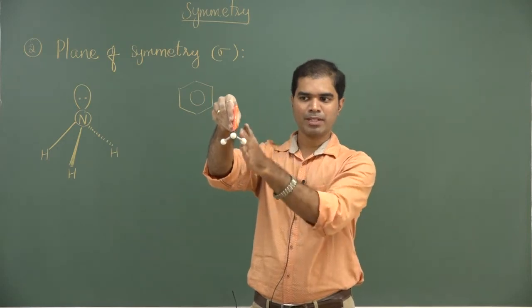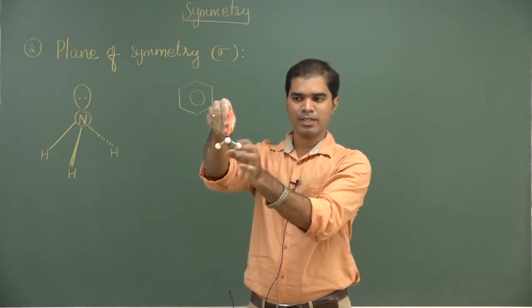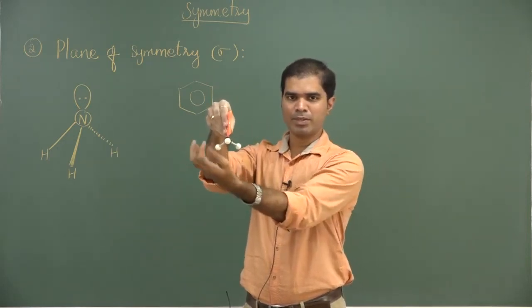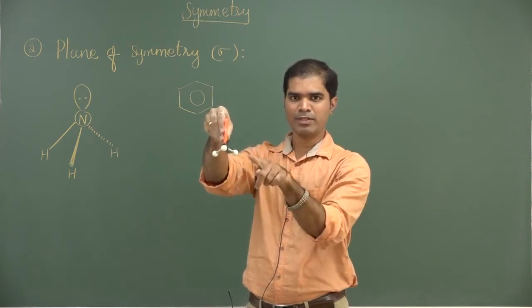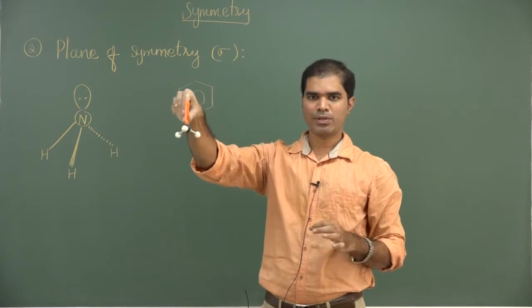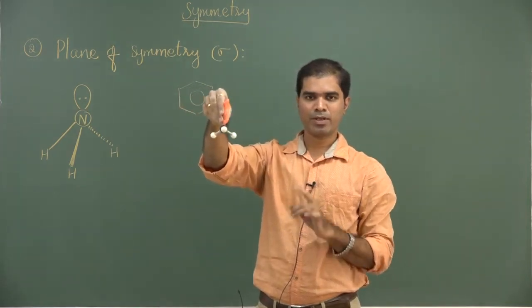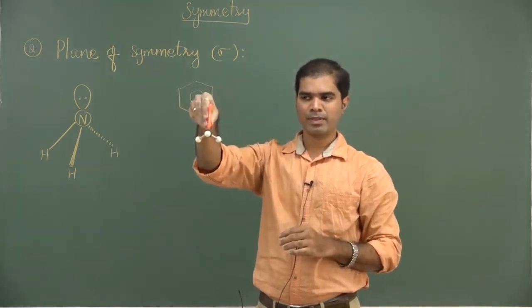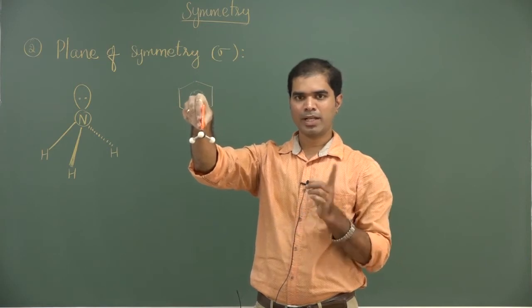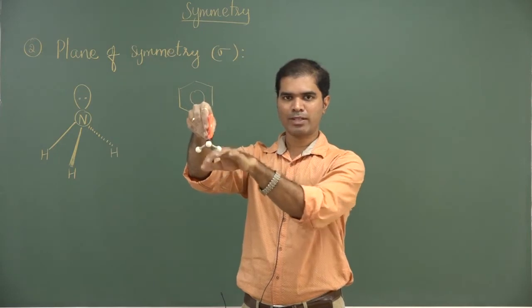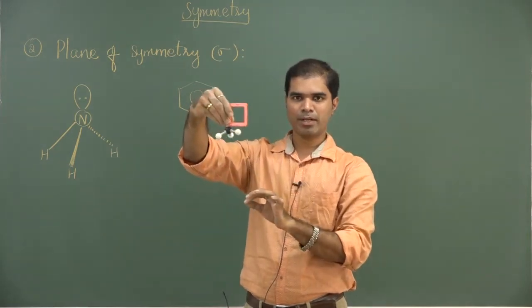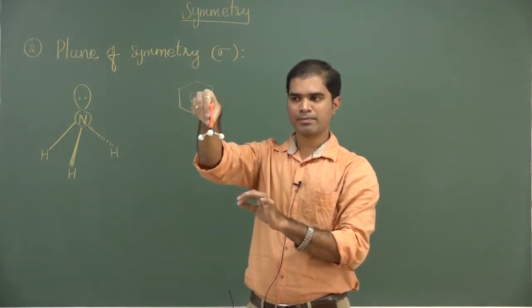So it is bisecting the molecule into symmetrical halves, and these halves are mirror images of each other. Right is the mirror image of left, left is the mirror image of the right. This is how you are looking at the ammonia molecule if I am passing a plane. Only that plane is valid which will give you symmetrical halves that reflect into one another. So this is a valid plane.